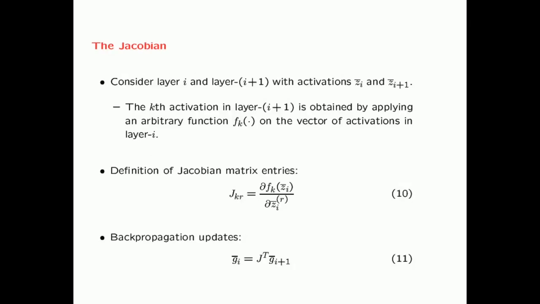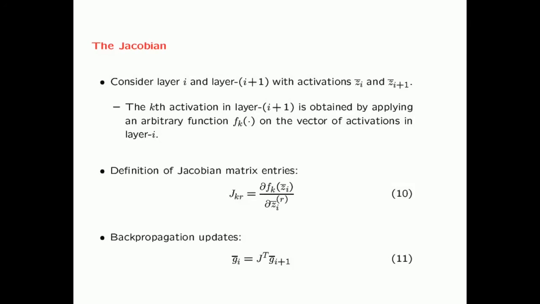So here I've changed the notation a little bit, but basically what I'm stating in this slide is exactly the same as the previous slide. Consider layer i and layer i+1 with activations Z_i and Z_{i+1}. Now imagine that the kth activation in layer i+1 is obtained by applying an arbitrary function on the vector of activations in layer i.